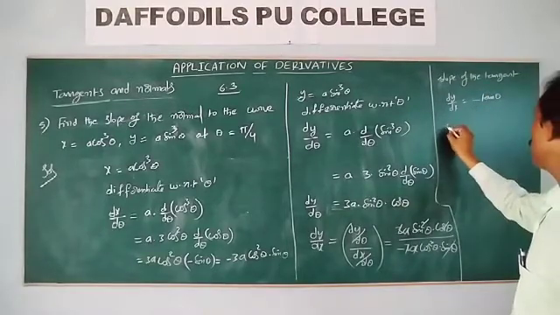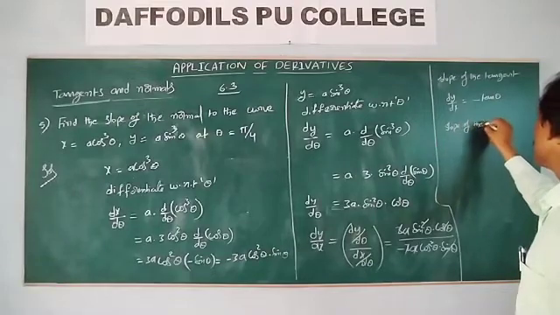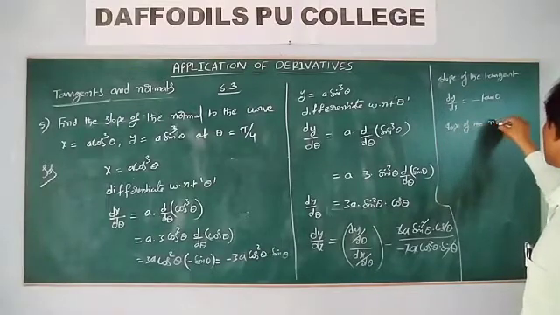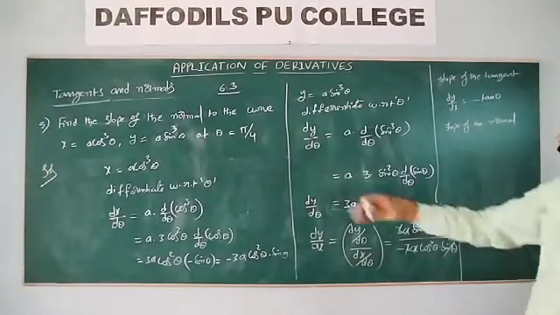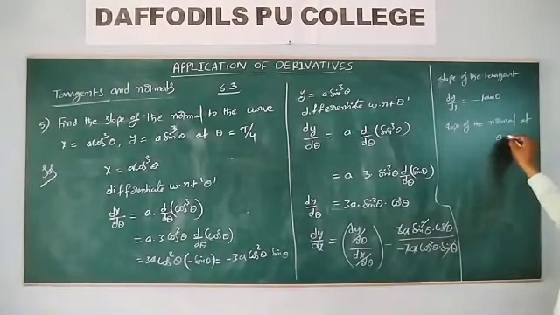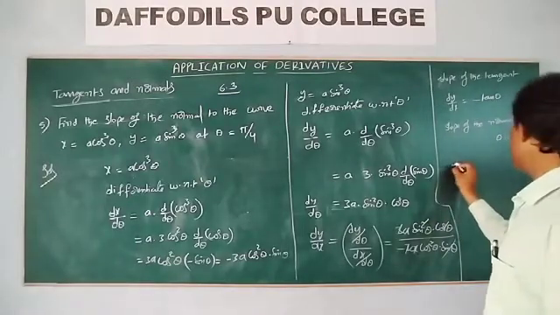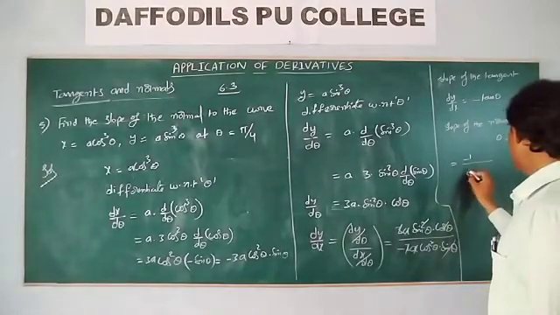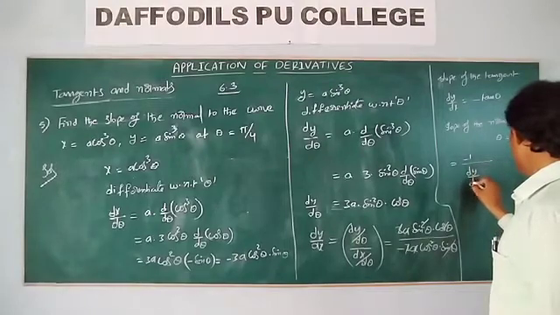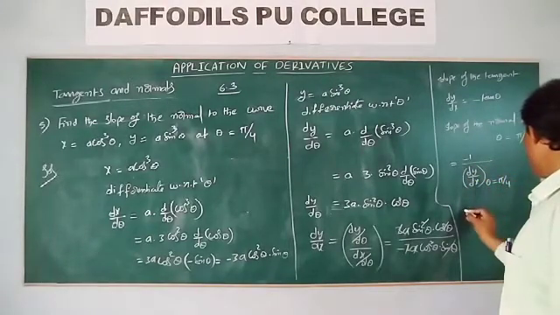We want the slope of the normal. Slope of the normal at theta is equal to pi by 4. So that is equal to minus 1 by dy by dx at theta is equal to pi by 4.